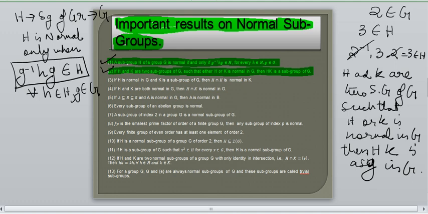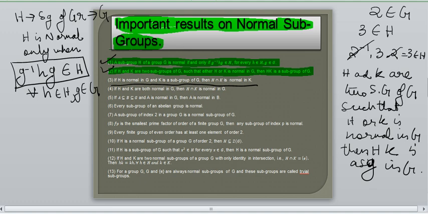Let's move on to the next one. If H is normal in G and K is a subgroup of G, then the intersection of H and K is normal in K. What does it say? H is a normal subgroup in G and K is just a subgroup of G, not necessarily normal.